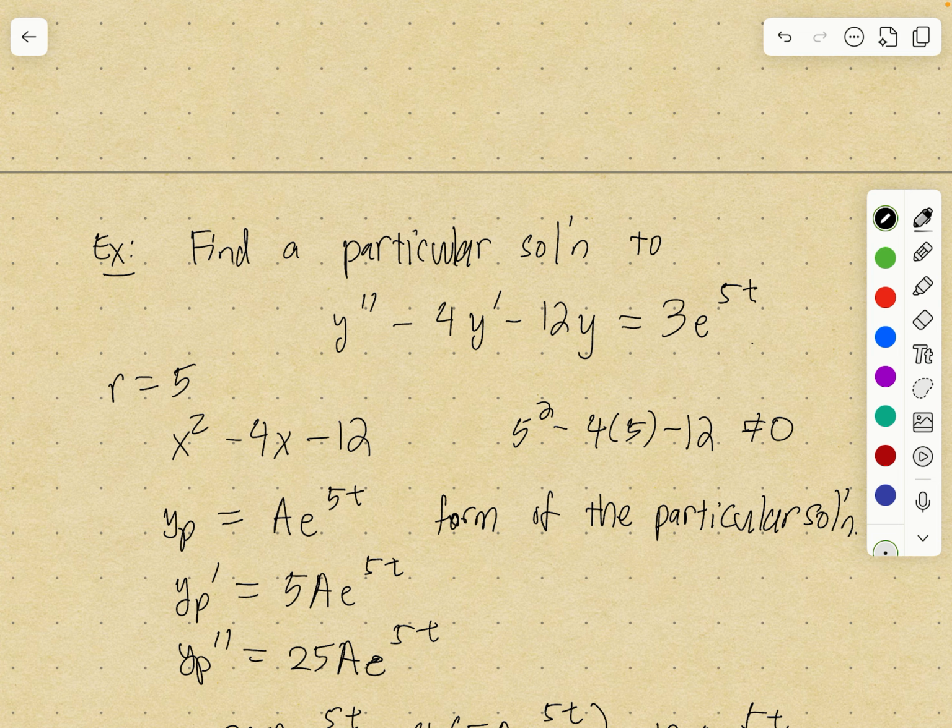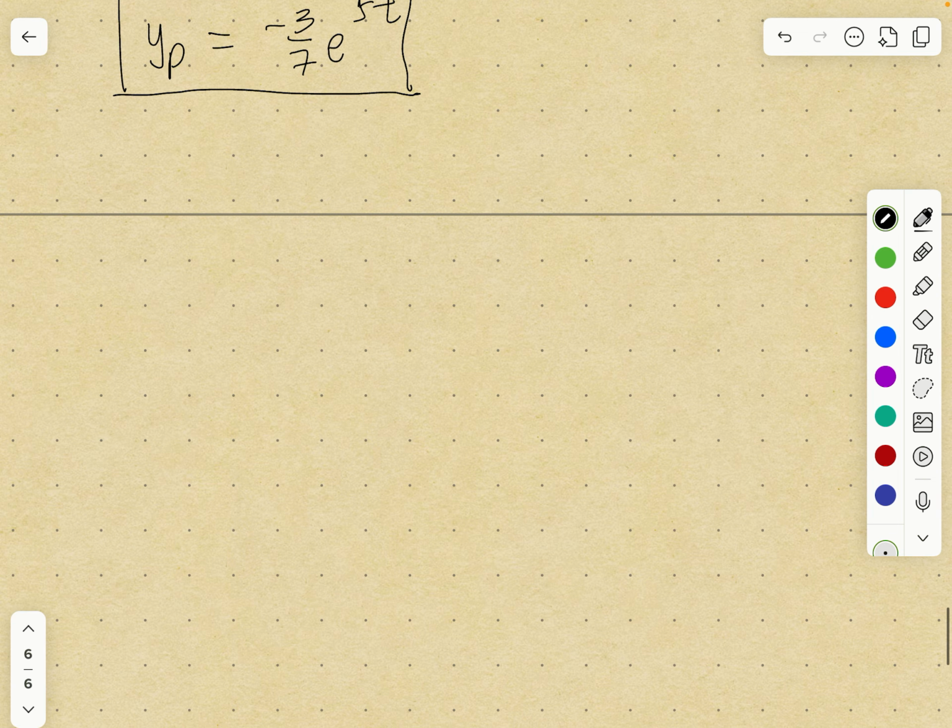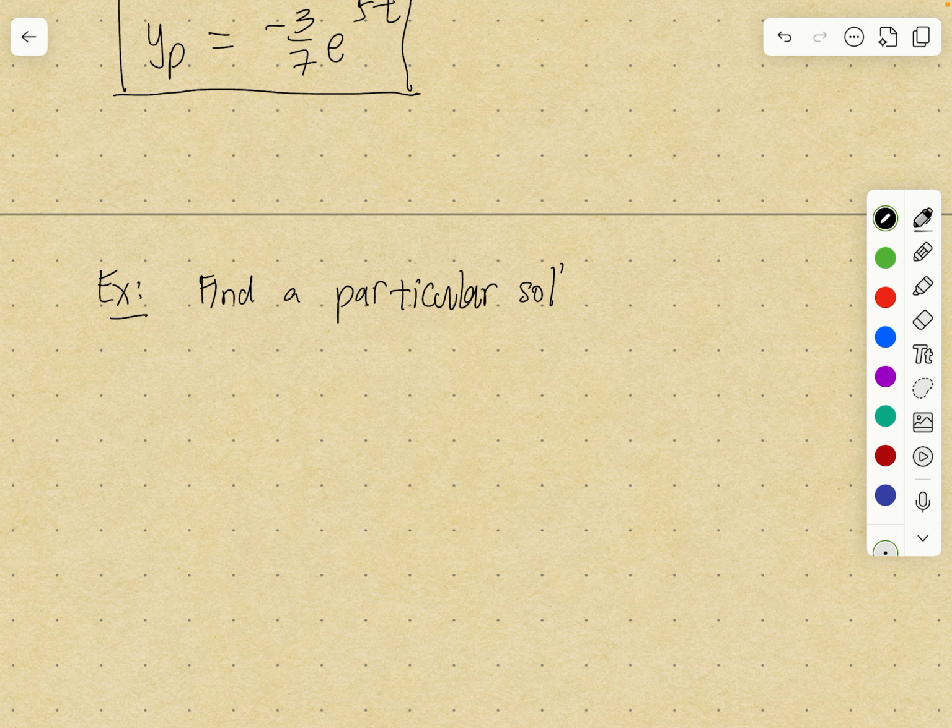Let's do another example. So find a particular solution to y double prime minus 4y prime minus 12y equals e to the 6t.